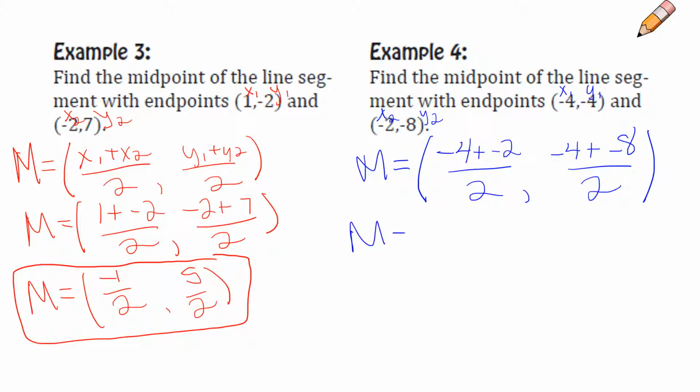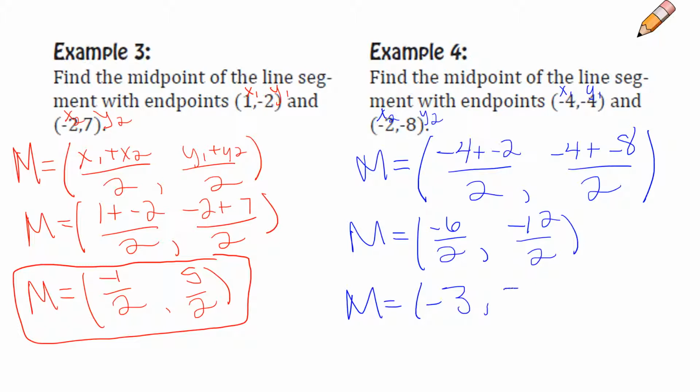And now we just simplify. -4 plus -2 is -6 over 2, and -4 plus -8 is -12 over 2. Now when we simplify those fractions, our final ordered pair is (-3, -6).